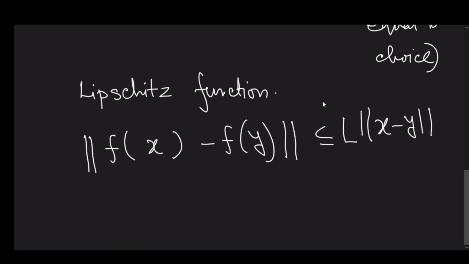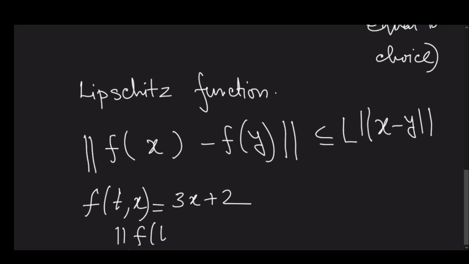So, I can give you one example of such a function. Let us take f of t comma x is equal to 3x plus 2, then we can have f of t comma x1 minus f of t comma x2.